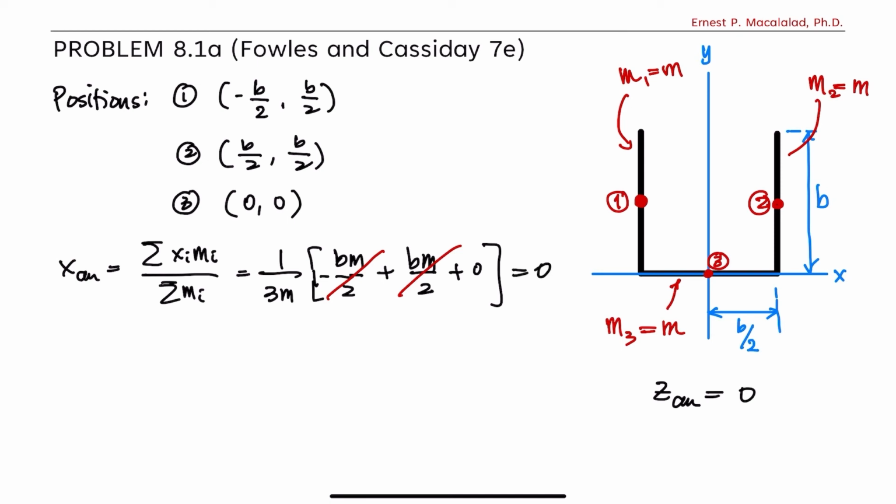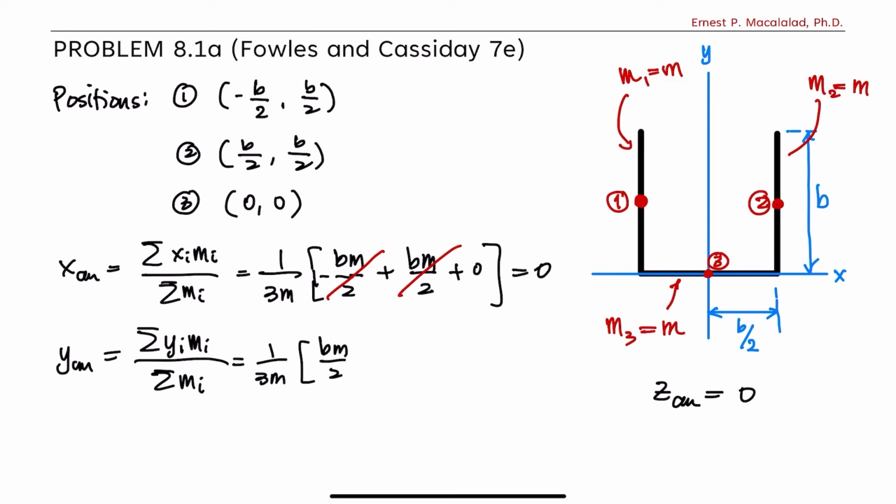And for ycm, we do the same. Sum of yi mi over sum of mi is equal to 1 over 3m times this one. So this is b over 2 times m, so that's bm over 2.